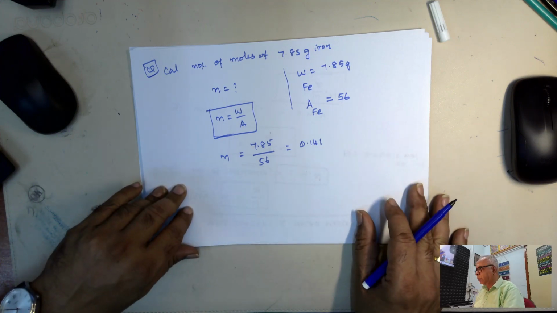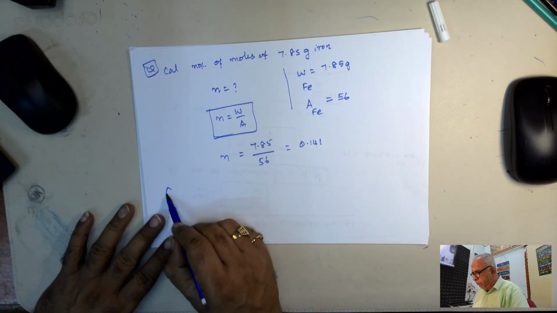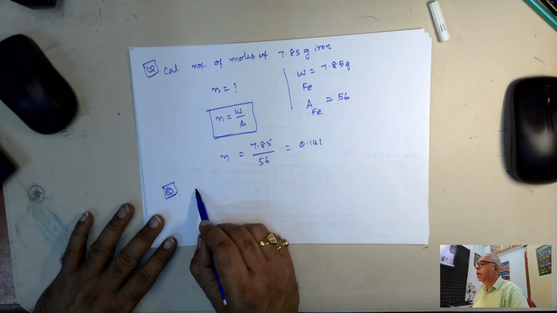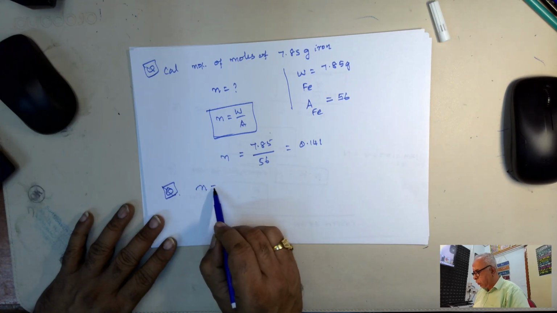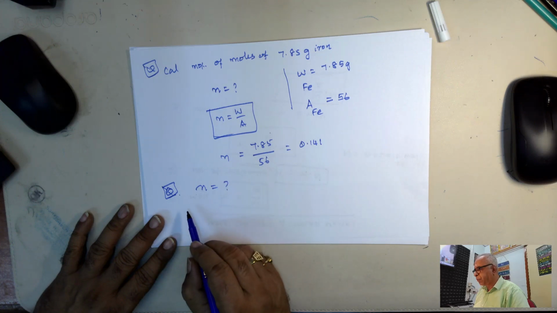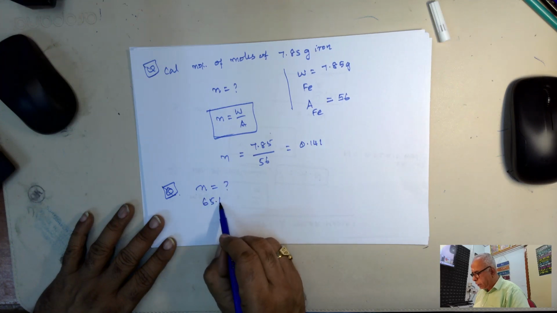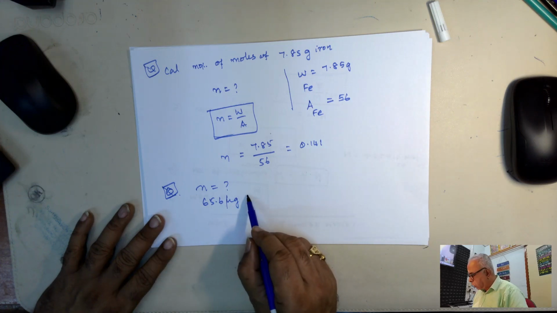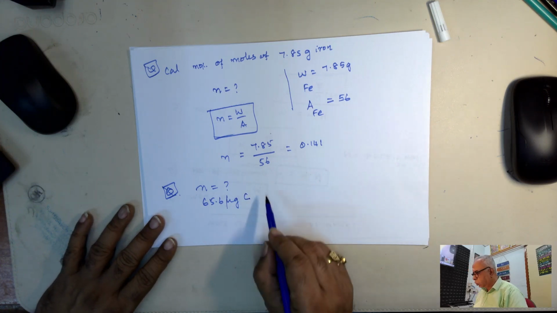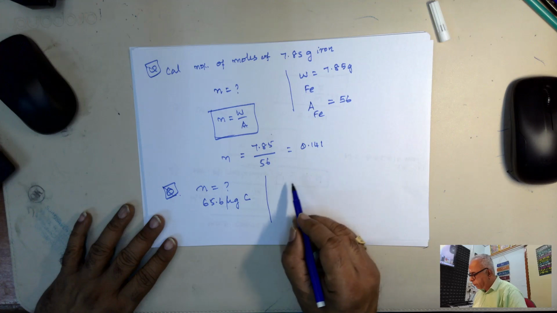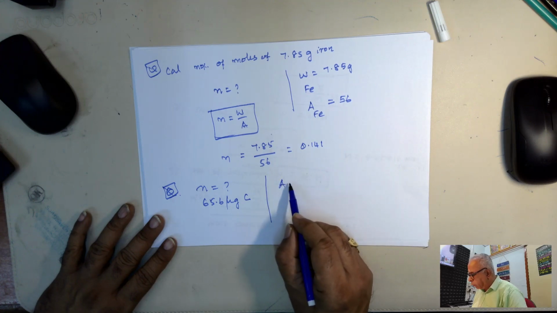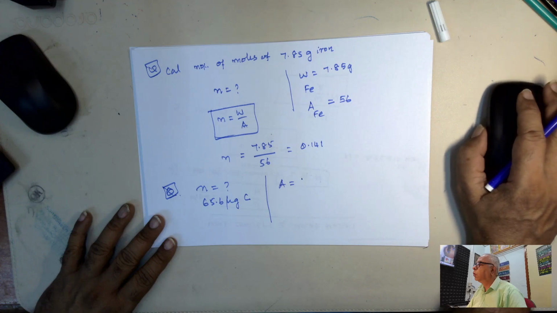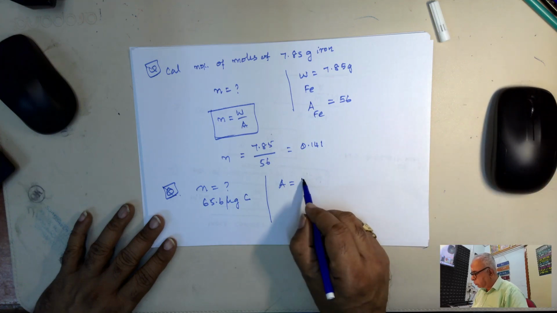So shall we work out another problem similarly? Calculate the number of moles of 65.6 microgram of carbon. In this case, the atomic mass of carbon is how much? 12, is it not?